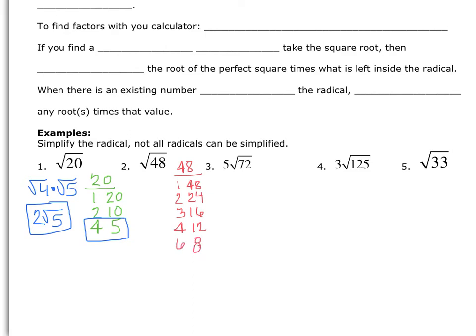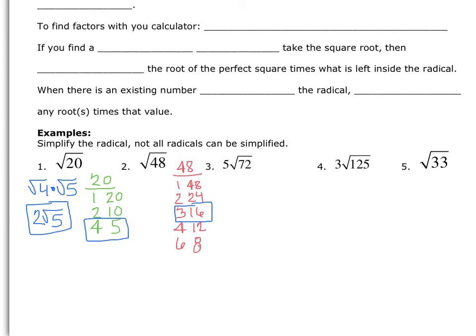All right, so now, again, this is where the perfect squares need to be memorized. You need to be able to rattle off to me 1, 4, 9. So you're looking at these numbers for perfect squares, and you want to find the largest perfect square. So right away you see a 4, but the other perfect square is the 16. So you always want to choose the largest perfect square to break down your square root.